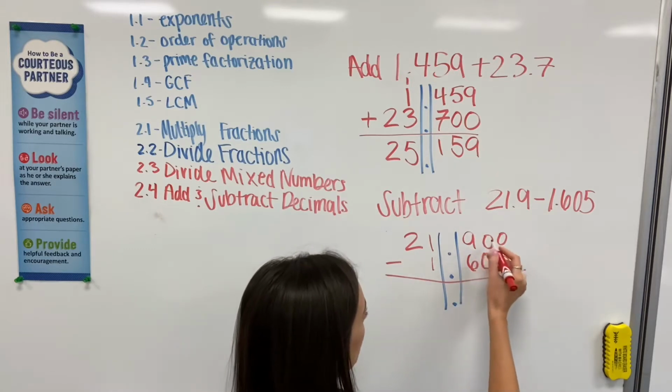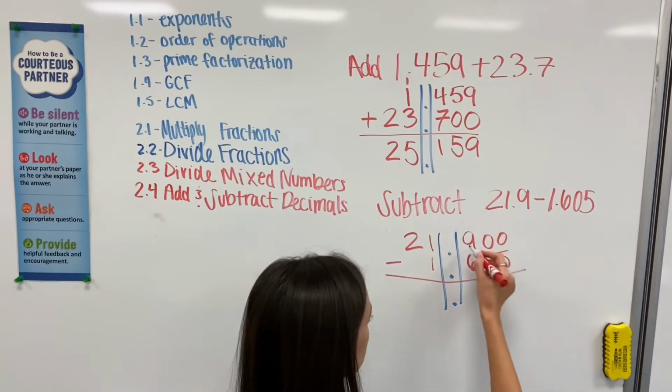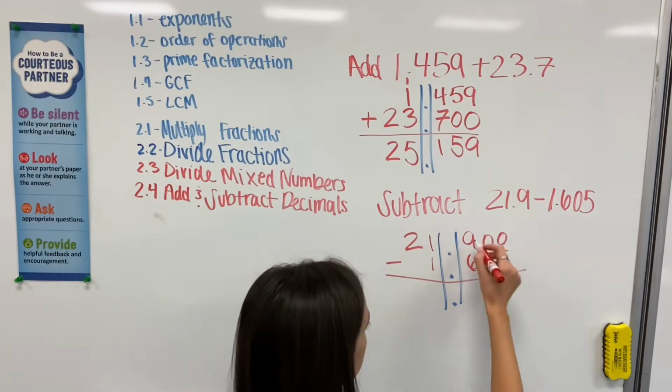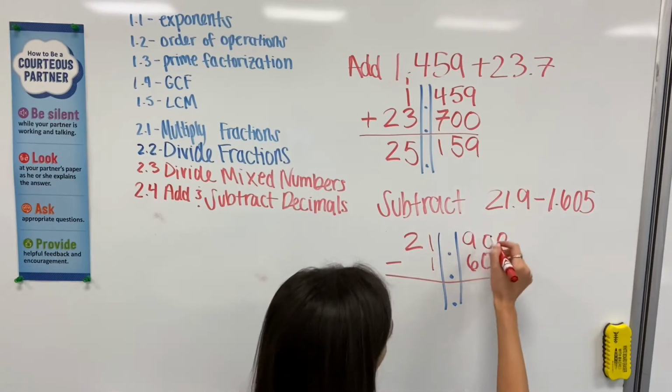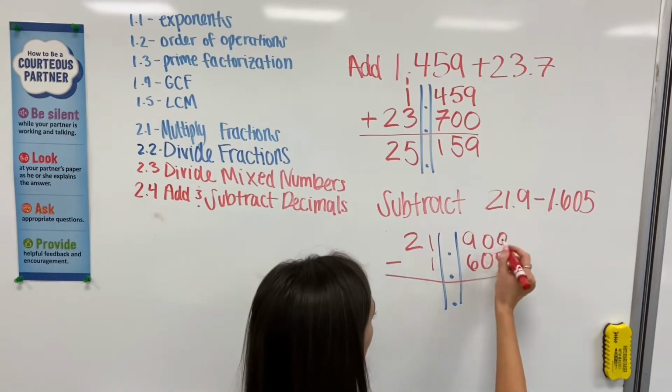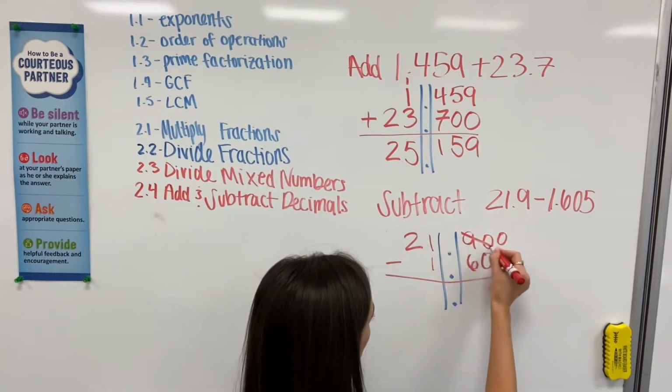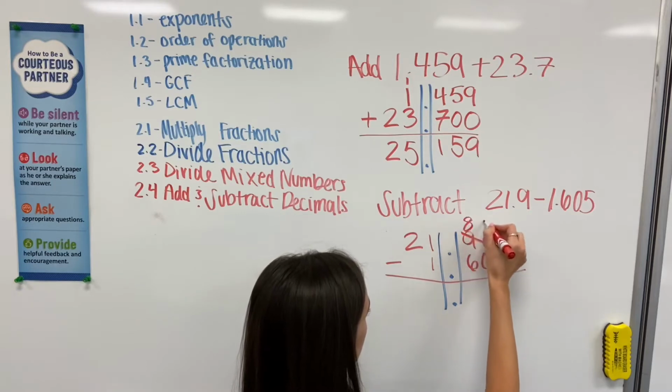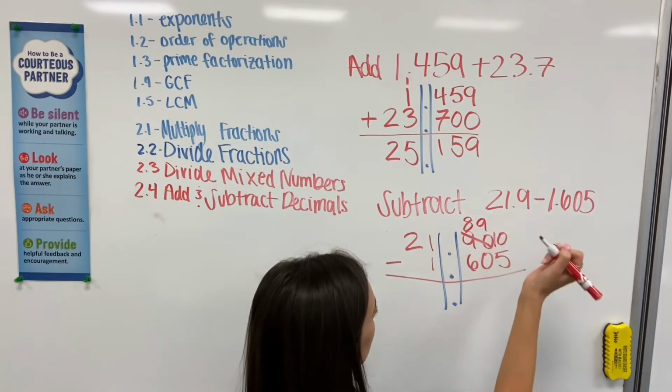Yes. So people work this out different ways. Some people cross out 90 and put 89. Some people cross out 9 and put 8 and make this a 10 and make the 10 a 9 and the 0 a 10. Up to you guys, doesn't matter. I'm a 90 gal, so I'm gonna cross out 90, turns into 89, and I regroup.